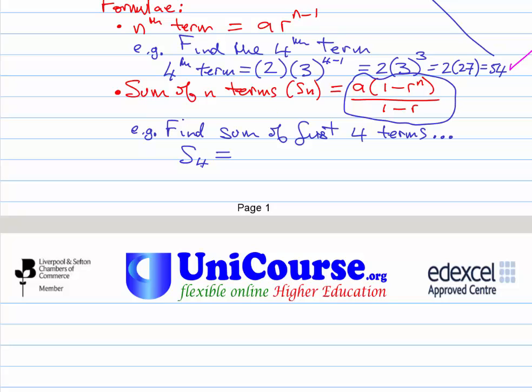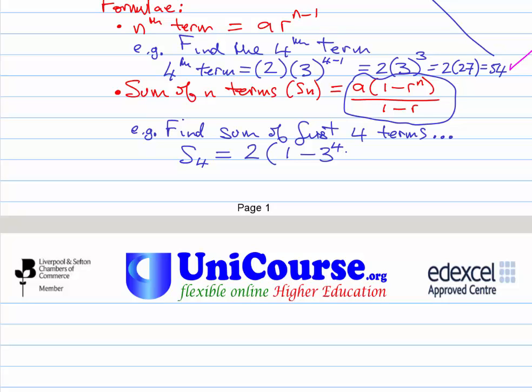So we know the value of A. A was the starting value, which was 2 lots of 1 minus R to the n. Well, you know what R is here, it's 3. In this example, you've chosen n to be 4.